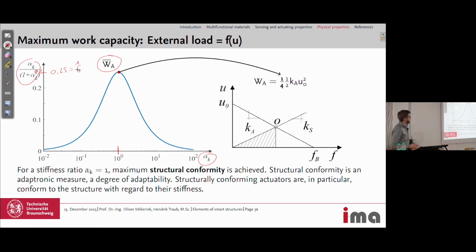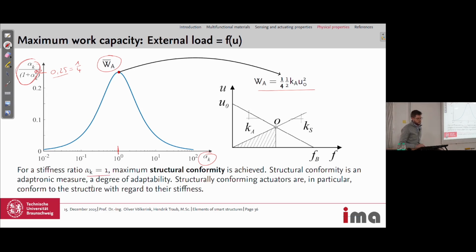And this gives us the maximum work capacity of an integrated actuator. And now we can replace this expression here with this maximum value, which is 1/4, and then we have this expression again with 1/4 in front, so 1/8 times Ka times U0 squared is the maximum work capacity you can perform when the stiffness ratio between the actuator and the structure is 1.